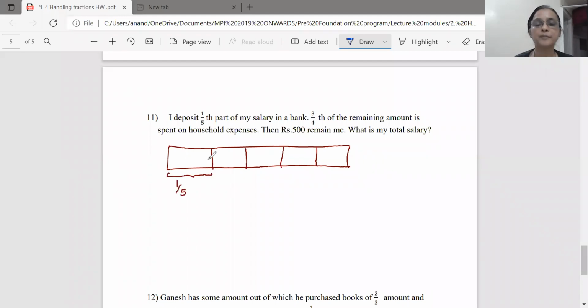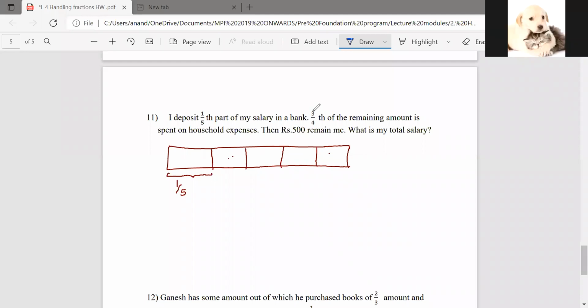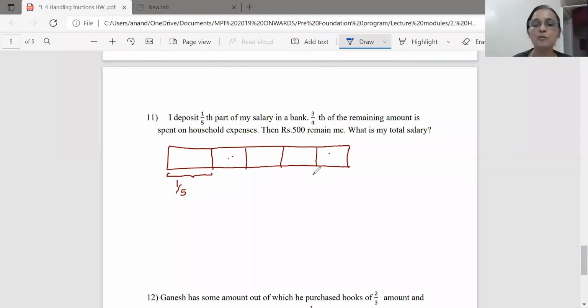Then how much remains? 1, 2, 3, 4 parts remain. 3/4 of the remaining amount. So if this is the remaining amount, 4 parts, 3 parts of this I spend on household.